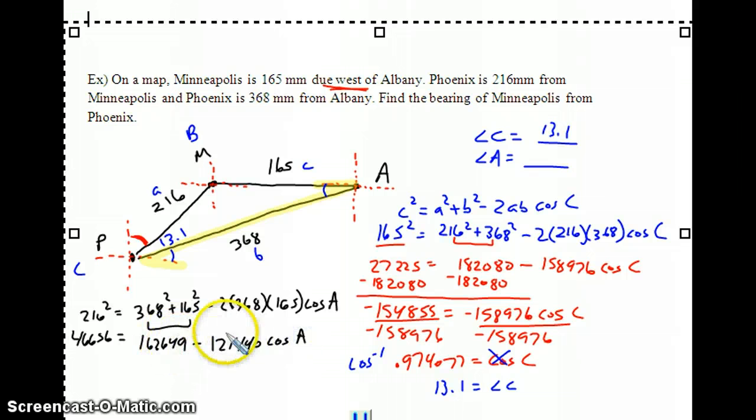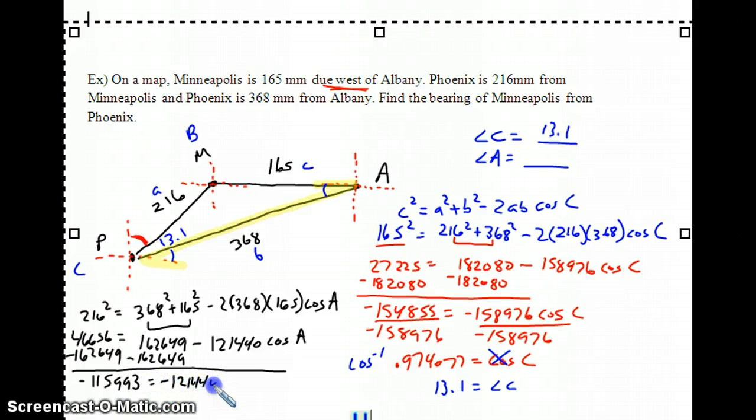Again, don't make the mistake where you try to subtract these two. You've got to move this over first by subtracting 162,649. And I get negative 115,993 equals negative 121,440 times the cosine of A. So now we divide by this.